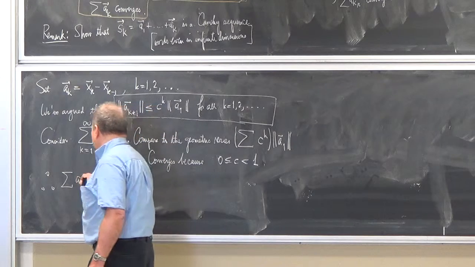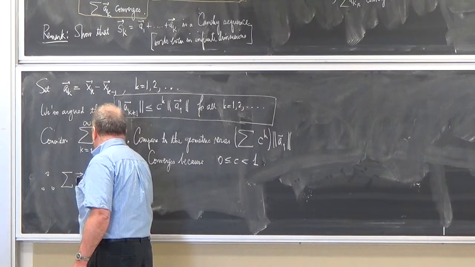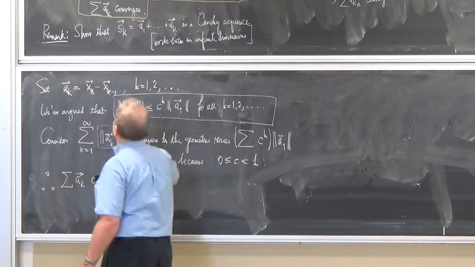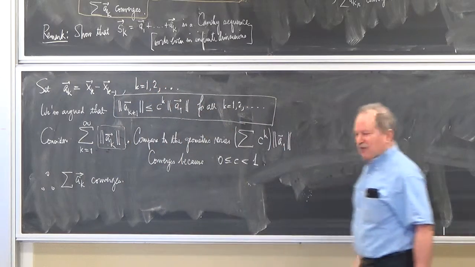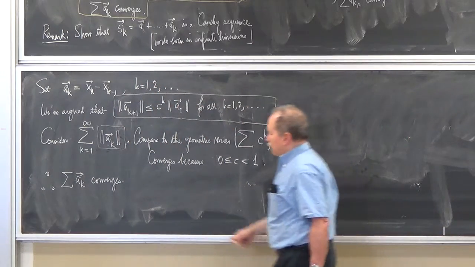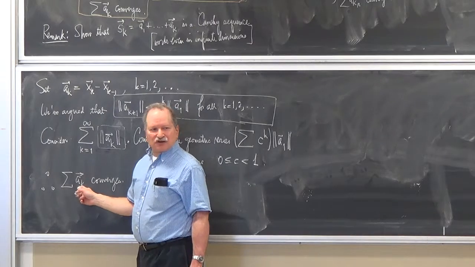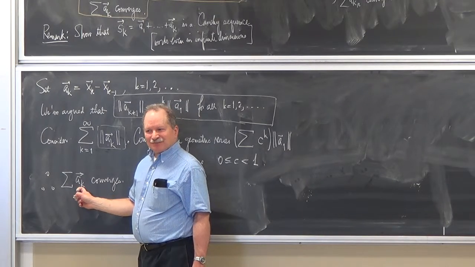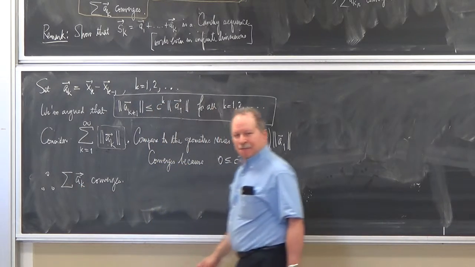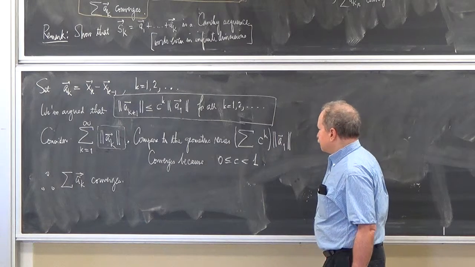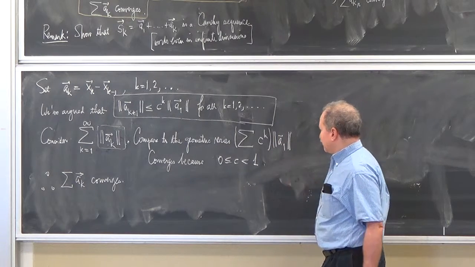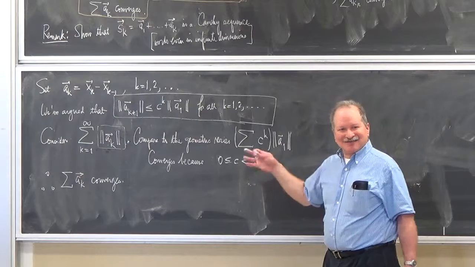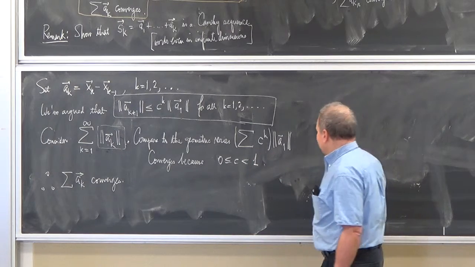The series of a sub k's with no bars on them. So by our application in orange up there, the sum of the vectors themselves converges. Would it be c to the k plus 1, or minus 1? Yeah, it is, but it's still re-indexed.